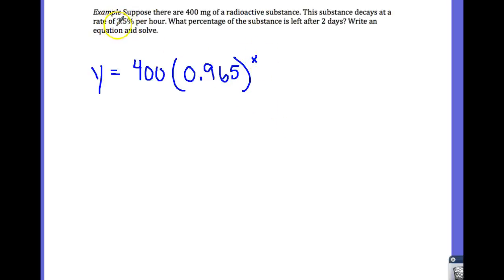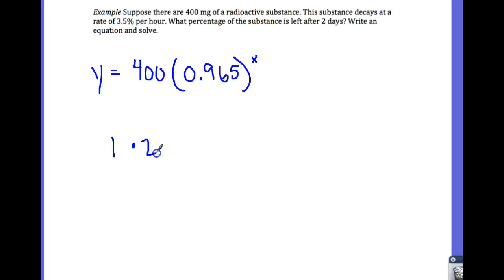Well, in this case, I have hours. This happens every hour, and this is 2 days. So I really need to convert every hour into days. Well, if I have 1 hour, how many hours are there in a day?